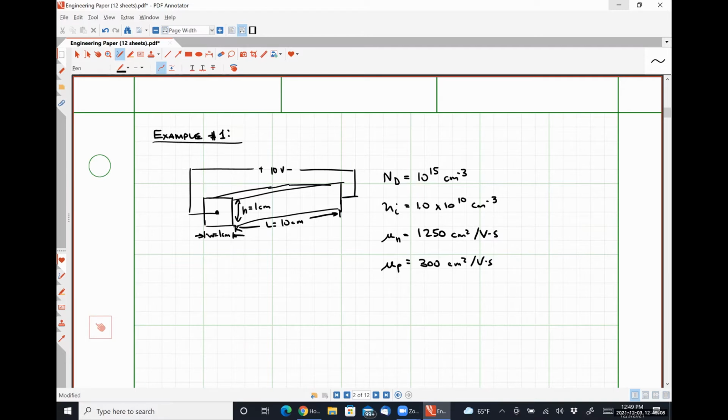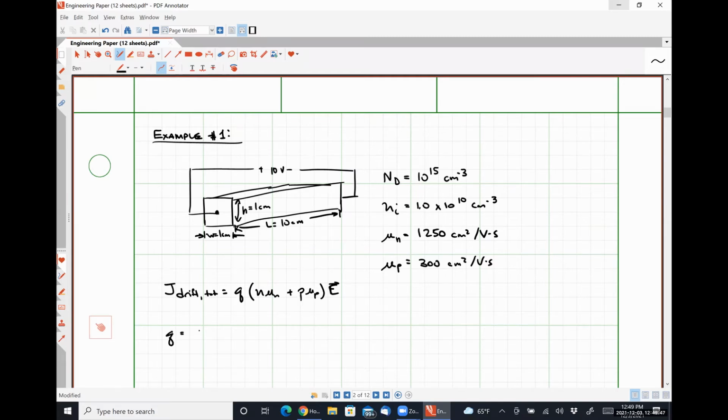So this should be fairly straightforward. We just had an equation that gives us everything that we need to know. The only bits that we're actually missing here are the electron concentration and the hole concentration in our crystal. Once we have those, we're good to go, right? We know that J drift total is q times (n mu n plus p mu p) times E, right?